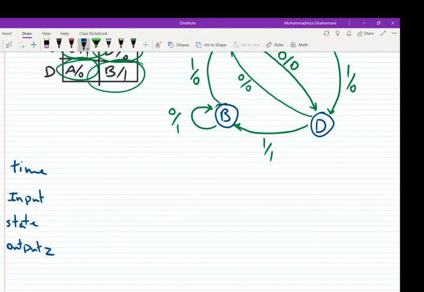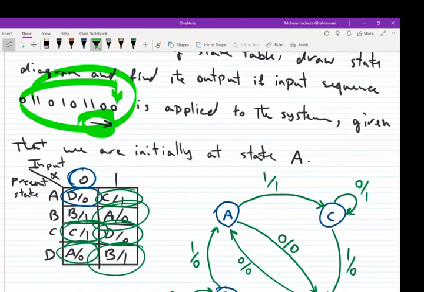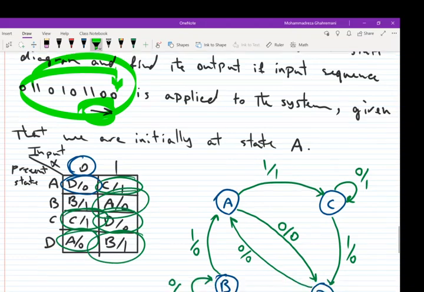Okay. So time starts from 0 and moves to 1, 2, 3, 4, 5, 6, 7, 8, 9, and 10. What were the inputs? We just copy the inputs from this information. So at time t0, the input is 0, t1 is 0, t2 is 1, and so on.